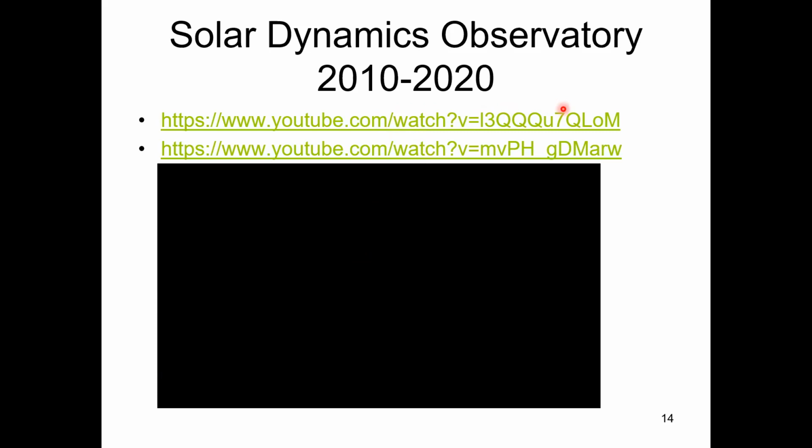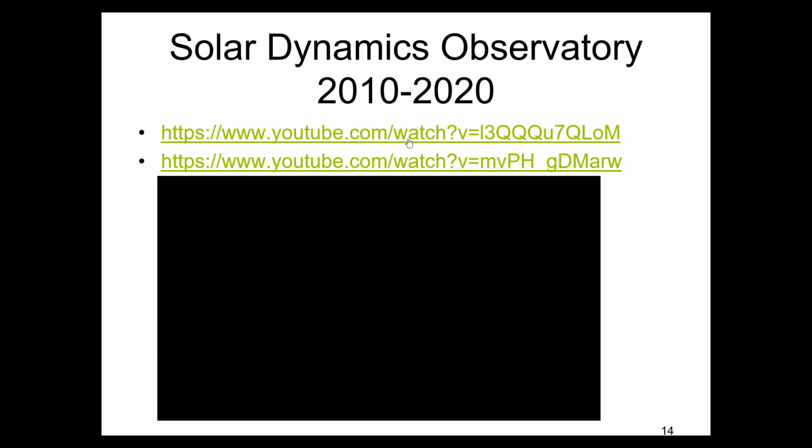But I can show you this remarkable information on YouTube. So, Solar Dynamics Observatory, I think it was a space telescope launched from the Earth around 2010, and it has been imaging the sun exclusively for sun observation for a decade.